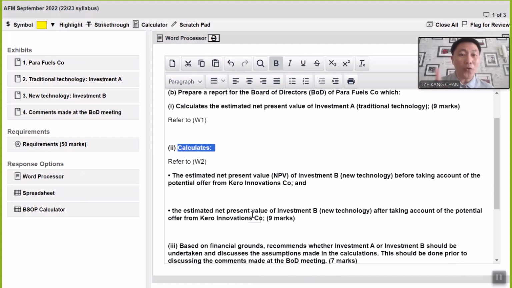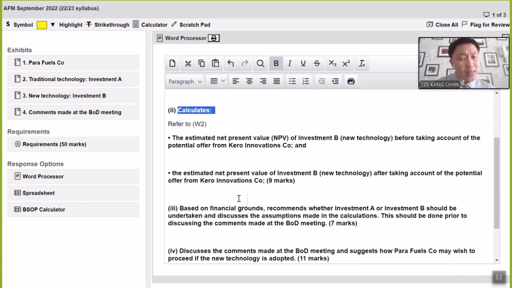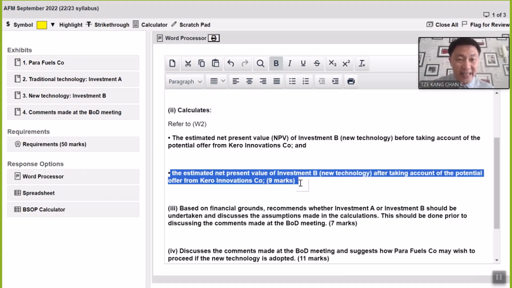What exactly is the offer? Let's figure that out a moment later. Followed by that, we have to estimate the net present value of B after considering the offer from Kiro. So again, we would like to figure out what exactly is so special about the offer from Kiro. Be prepared to deal with some of the calculations here.